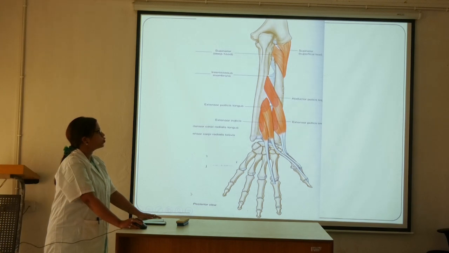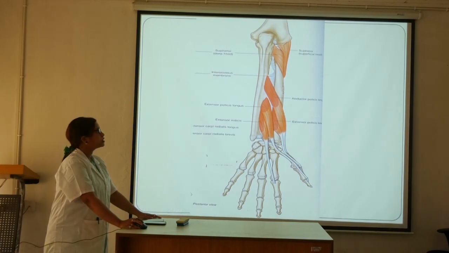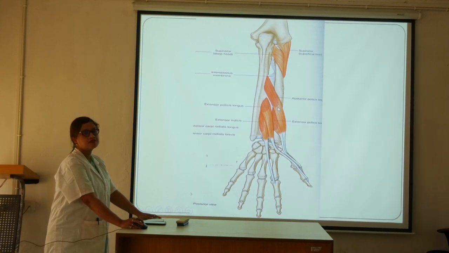See how nicely it is going. Which one will be going first? The first one inserting, see, is the abductor pollicis longus. Next muscle is extensor pollicis brevis. Then extensor pollicis longus, then extensor indicis. Where do these two muscles originate from? From the radius.